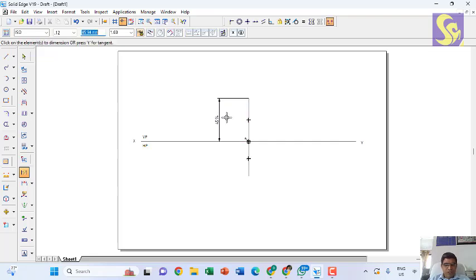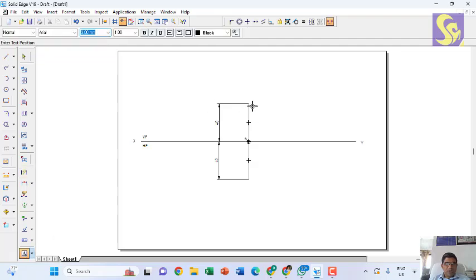So I'll keep this as 40 and this also as 40. So these are the front and top views, so I'll call them M dash and M.